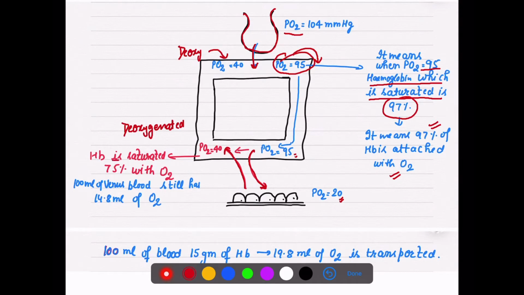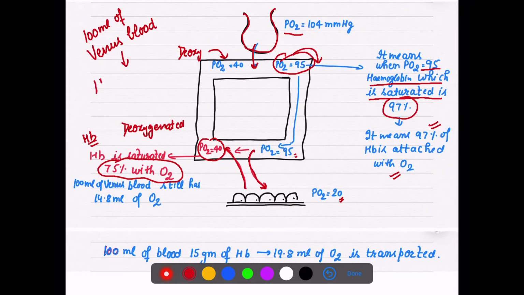So 75% your blood is still carrying oxygen with the help of hemoglobin, right? When your partial pressure of oxygen is 40. If 100 ml of deoxygenated, or venous, blood is given to you, it is having 14.8 ml of oxygen, right?